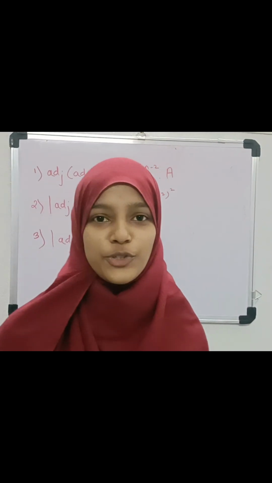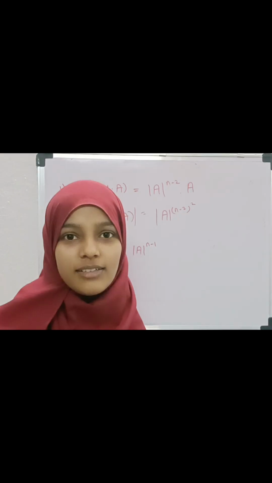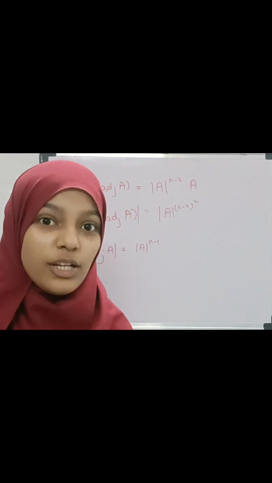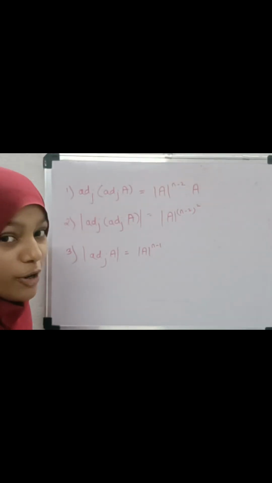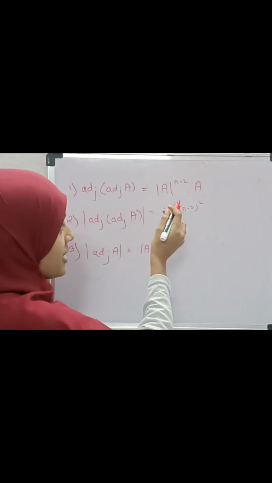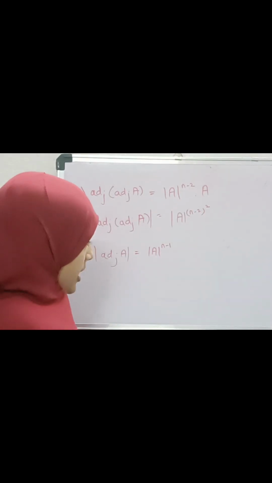That's it. Next are the next short tricks. We have adjoint of adjoint A. We have seen until now the adjoint of A. Now we have to find adjoint of adjoint A. So the short trick for adjoint of adjoint A is nothing but determinant of A raised to n minus 2 multiplied by A matrix.